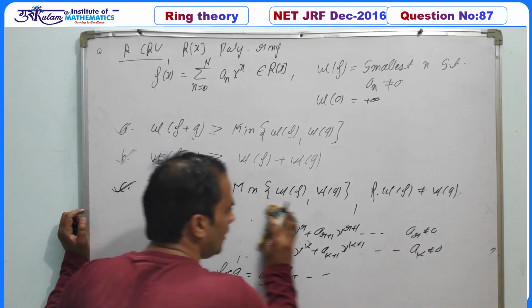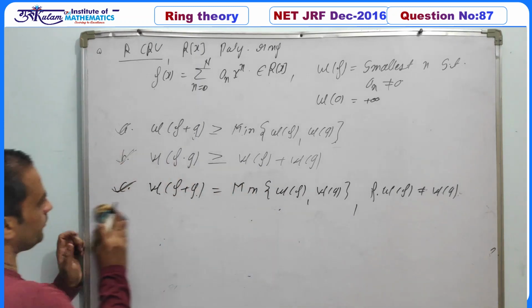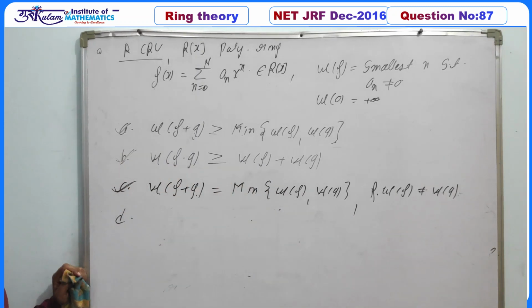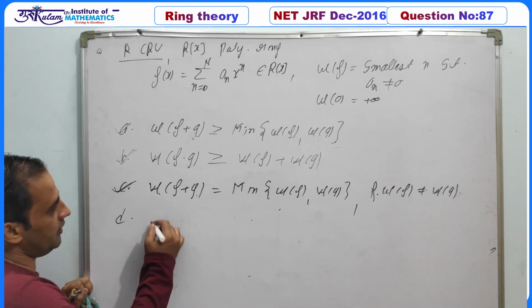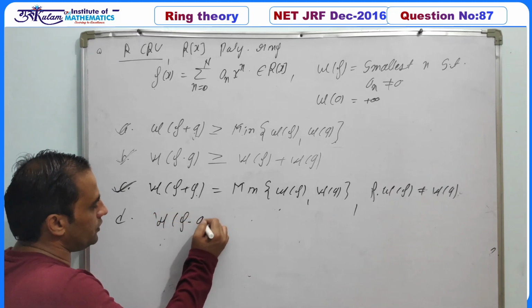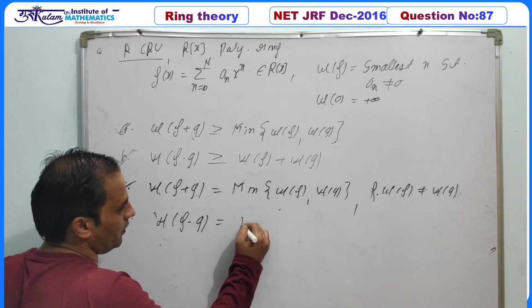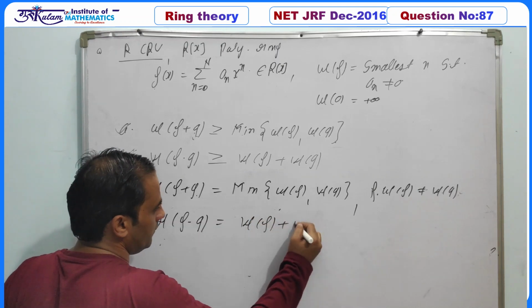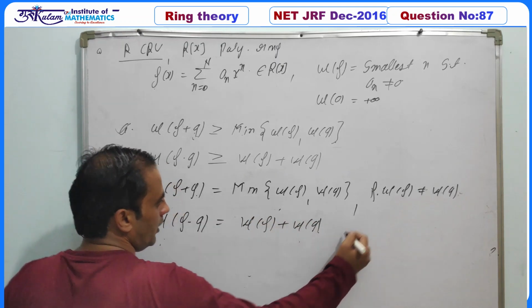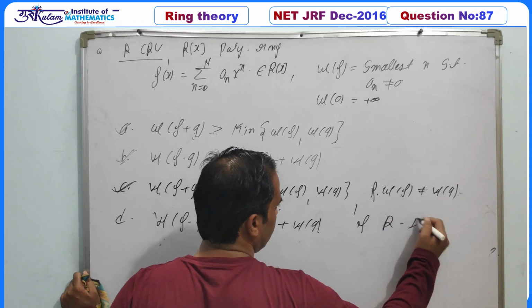And the D option is, if R is an integral domain, then W(fg) is equal to W(f) plus W(g).